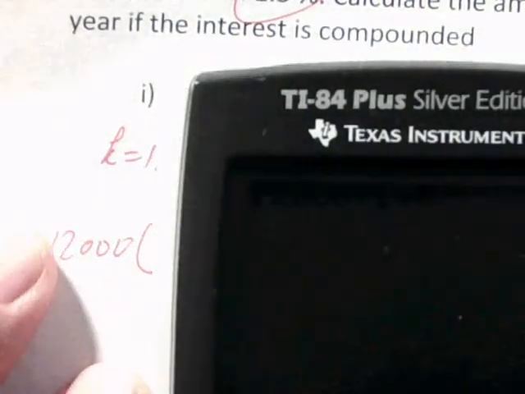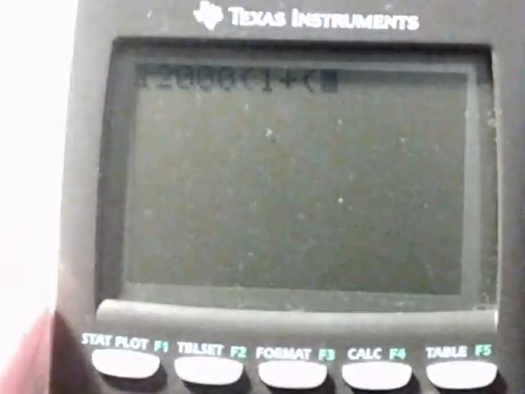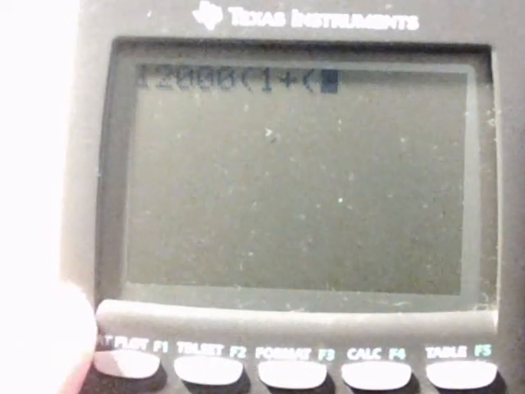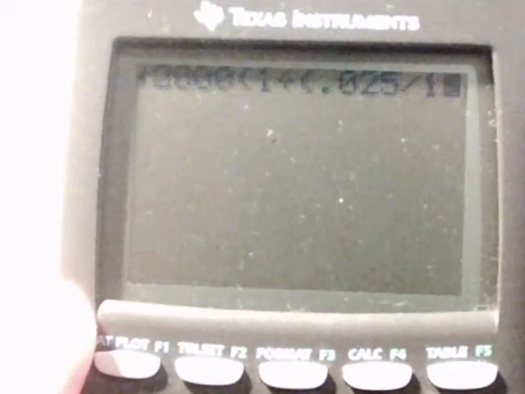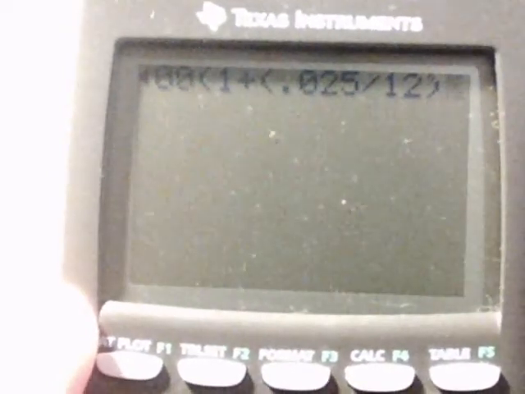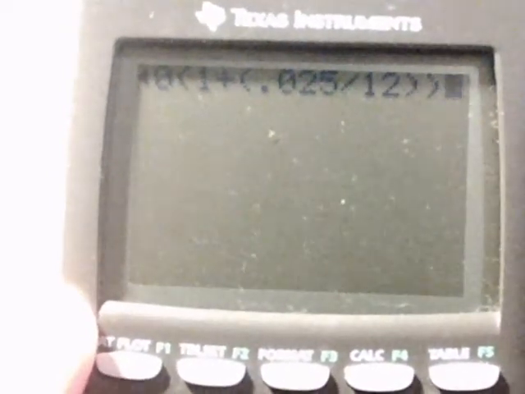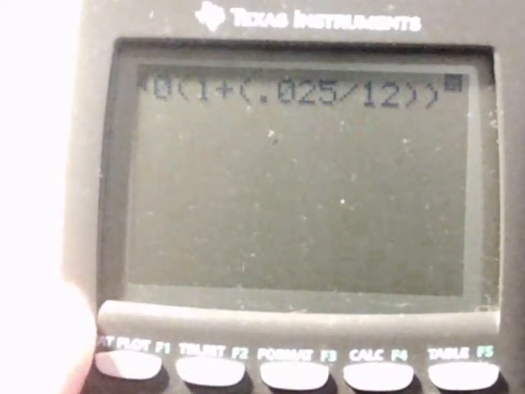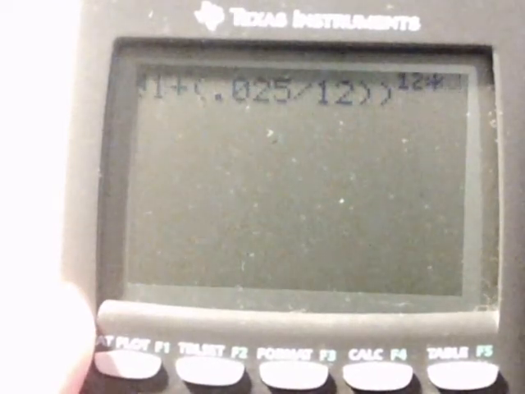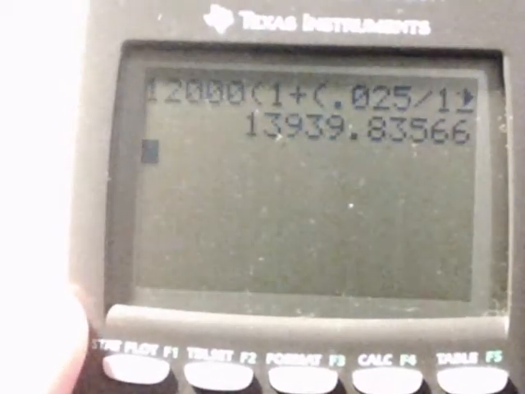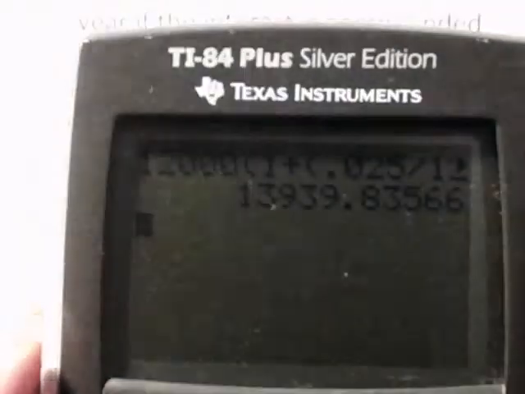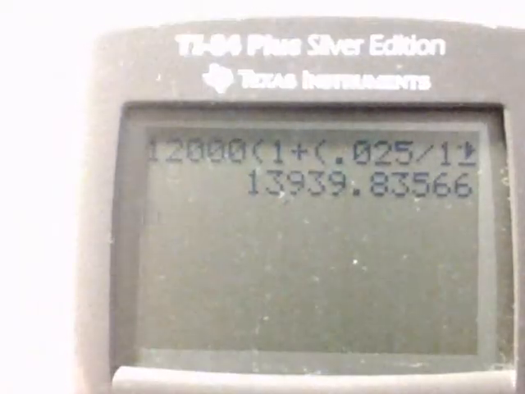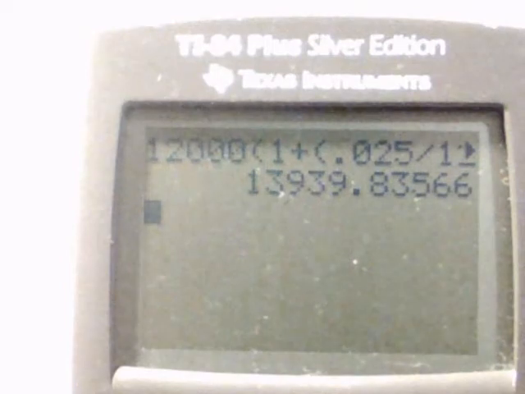So it's a parenthesis 0.025 divided by 12, close the inside parenthesis, close the outside parenthesis, to power 12 times 6. So if you say enter, your balance is going to be 13,939.80.